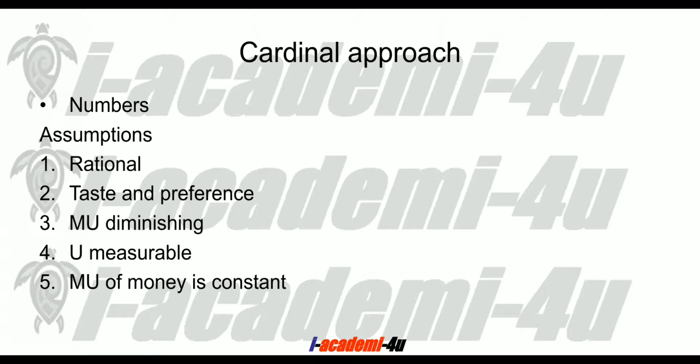Now, this approach will not work if we do not keep the marginal utility of money constant, because money for one person might mean something different than for another person.